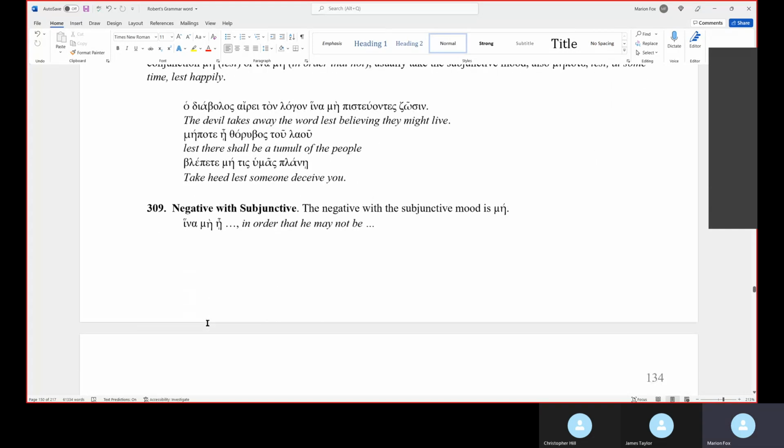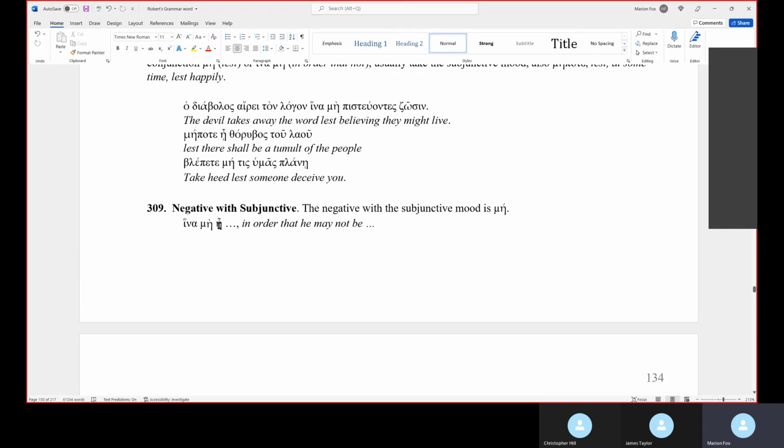Now here's something I've been telling you all along, but now we have it down here. The negative with subjunctive, of course, is me. Here's an example of it: hina me e. Remember, this is from eimi. "In order that he may not be."